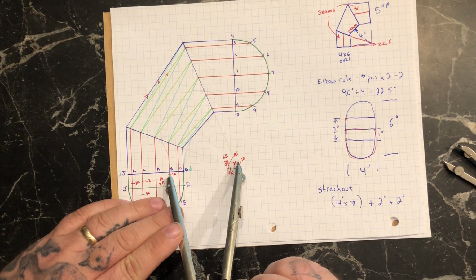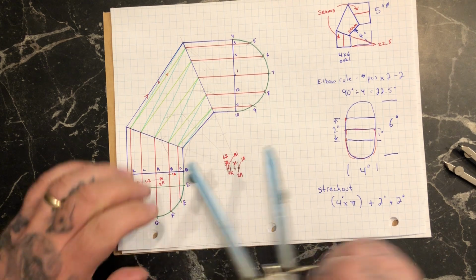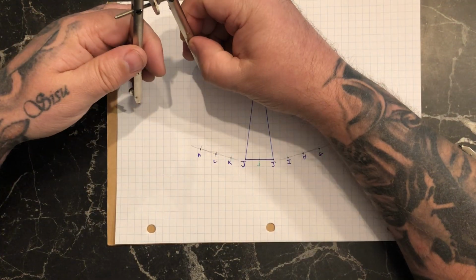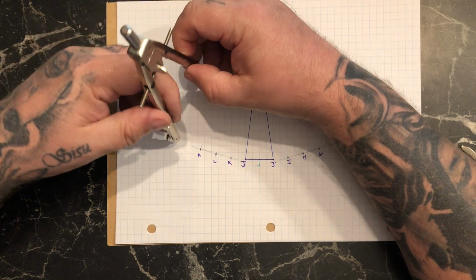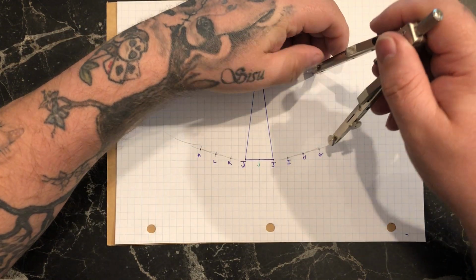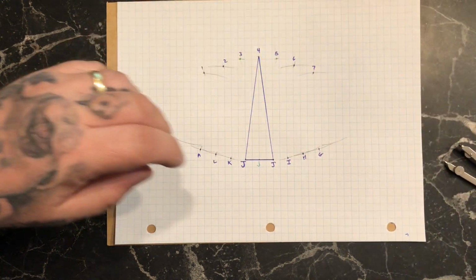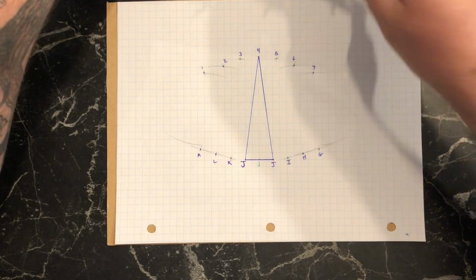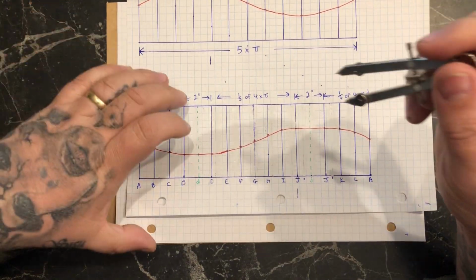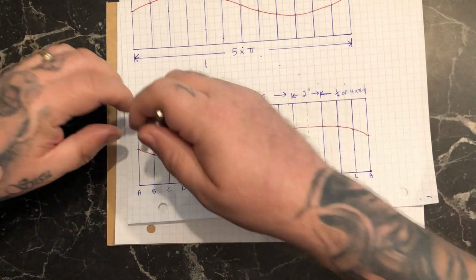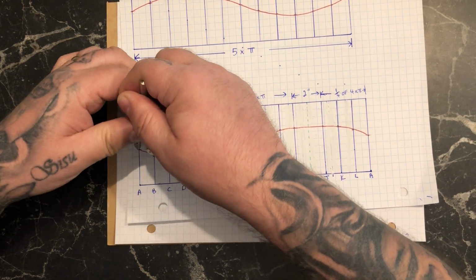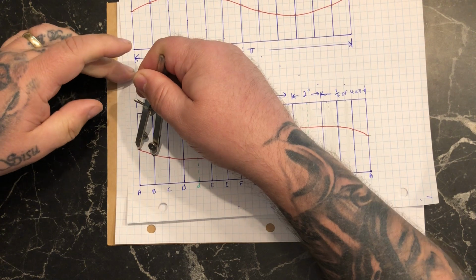So that is my length there. Go back to my main pattern. And 1 to B. Then you've got my A to B, step off there.